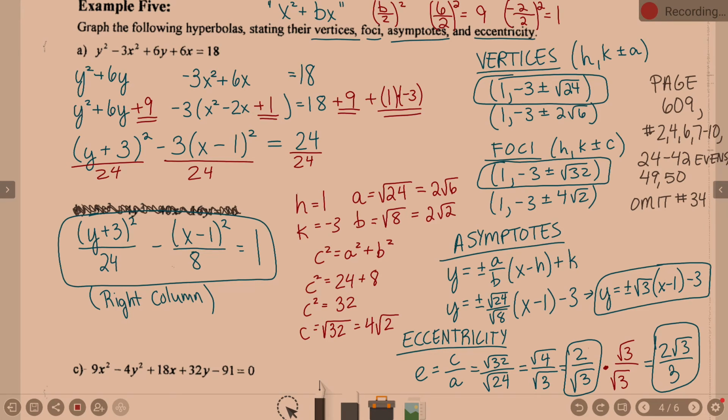I like that word omit. But in case you missed it yesterday, what does the word omit mean? Not skip, not do. So you're going to skip 34. There, I'll even write it down right there.